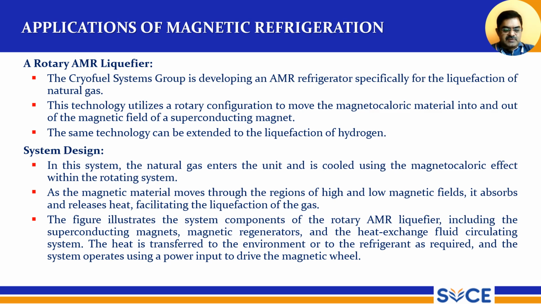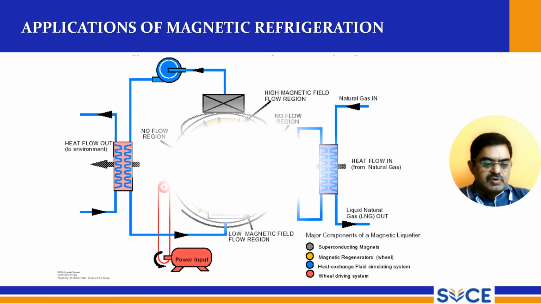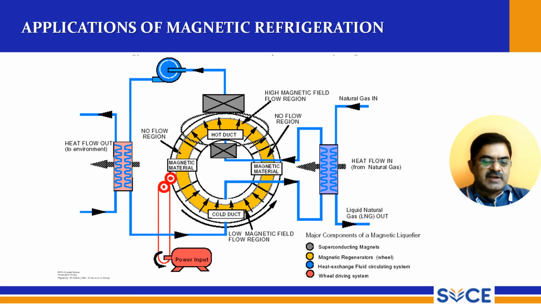The heat is transferred to the environment or to the refrigerant as required, and the system operates using power input to drive the magnetic wheel. So here, applications of magnetic refrigeration, and you can see the heat flow out to the environment, and this is the coil, and this is the power input.